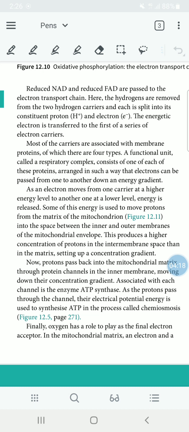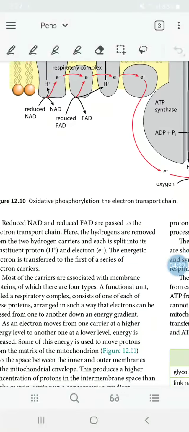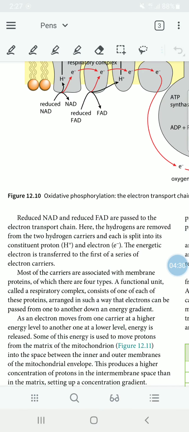Reduced NAD and reduced FAD enter the electron transport chain, where hydrogen is separated from them and NAD and FAD are released back.